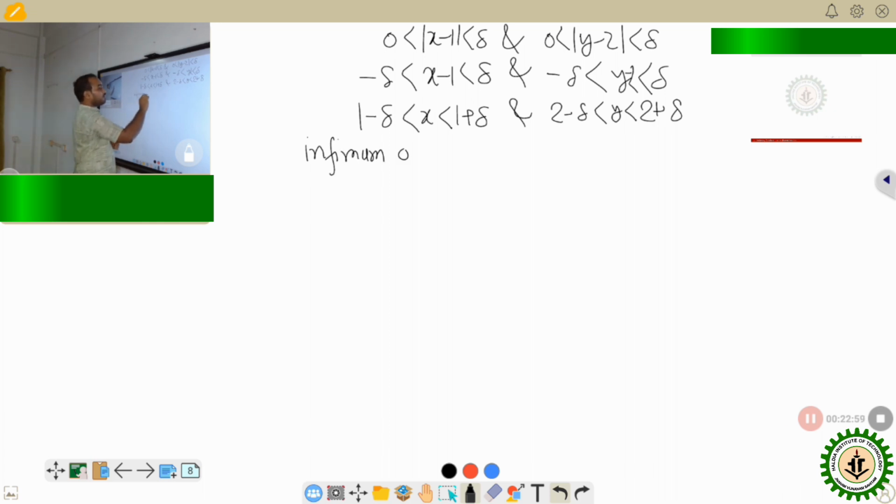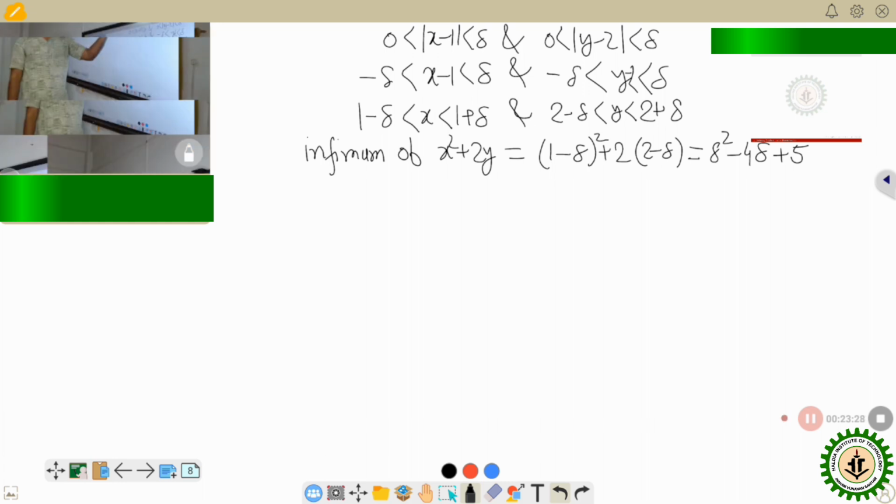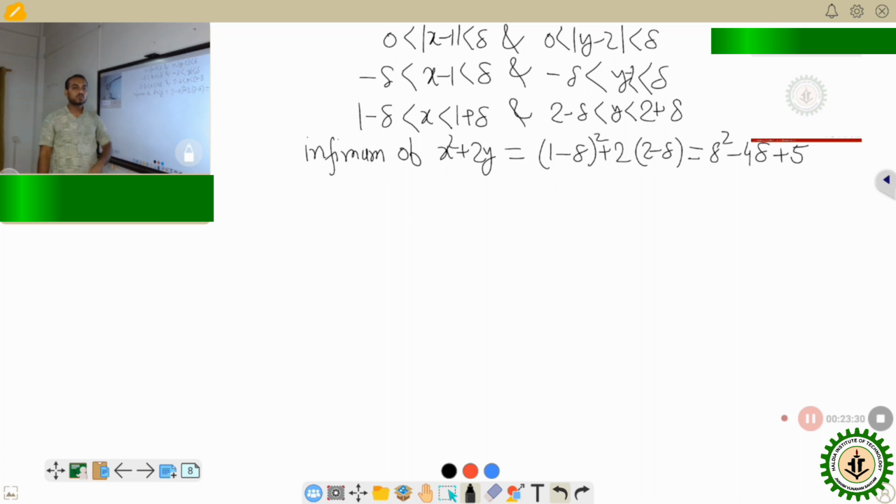The infimum value of x square plus 2y will be 1 minus delta square plus 2 into 2 minus delta. On solving these values, you will get delta square minus 4 delta plus 5. Since we have calculated the infimum value, that is the lower limit of the function x square plus 2y, similarly we can find the upper bound, that is the supremum value also.